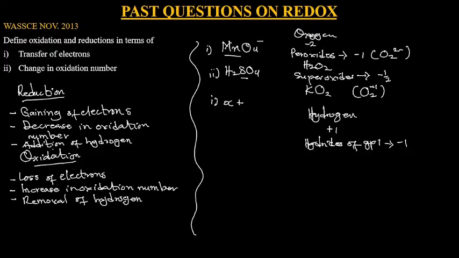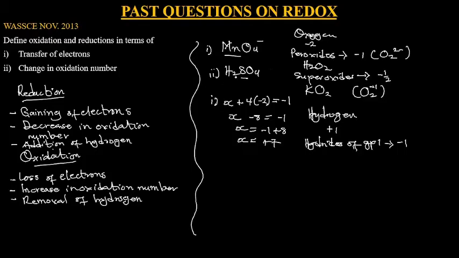So if the oxidation state of manganese is X, then we'll multiply it by the number of oxygens we have times the oxidation state of oxygen. So oxygen there is minus 2, and so equals minus 1. So x minus 8 equals minus 1. So x will be equal to minus 1 plus 8. So x will be equal to plus 7. So the oxidation state of manganese over here is plus 7.